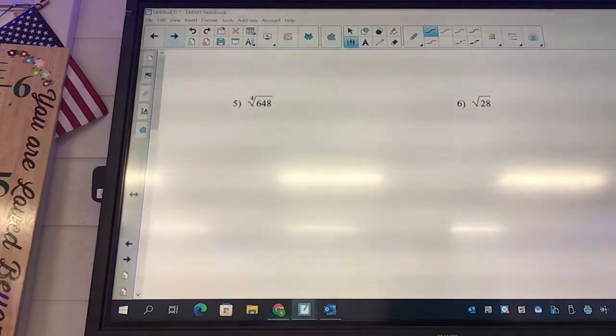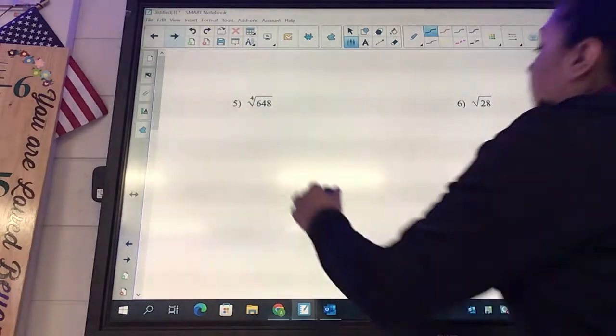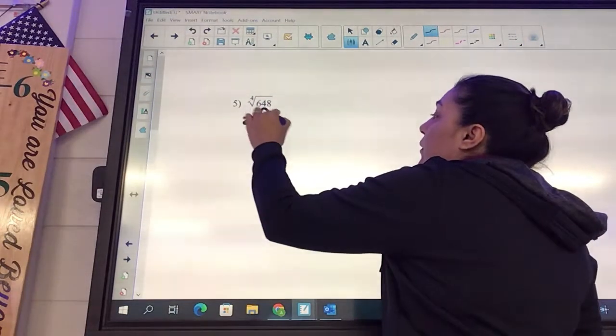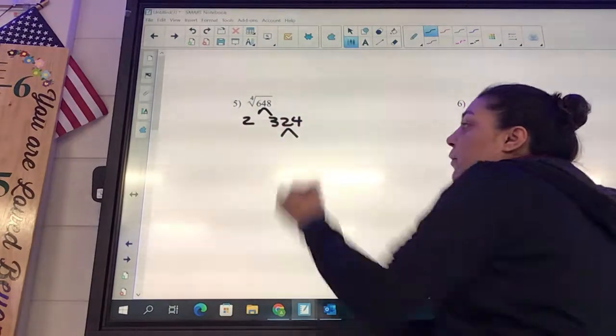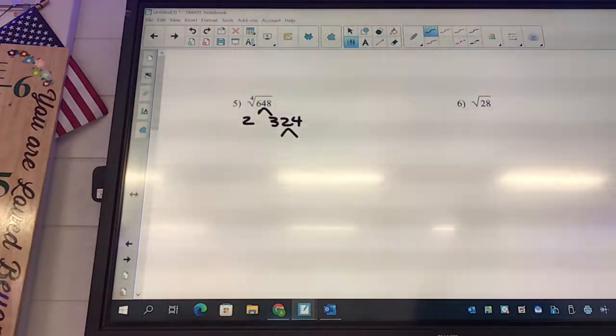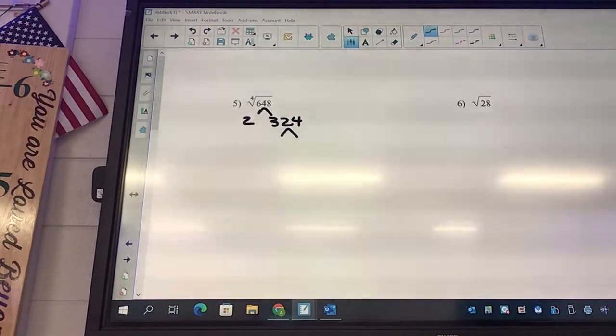Okay, 648. So you're going to say 648 divided by 2. 324. Okay, 324 divided by 2. And on the calculator, you can leave your answer and just keep saying divide by 2, divide by 2, so you're not erasing it.